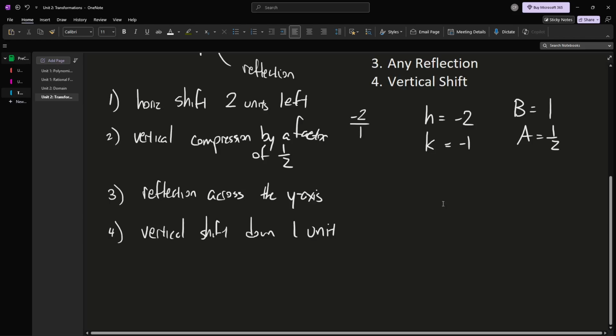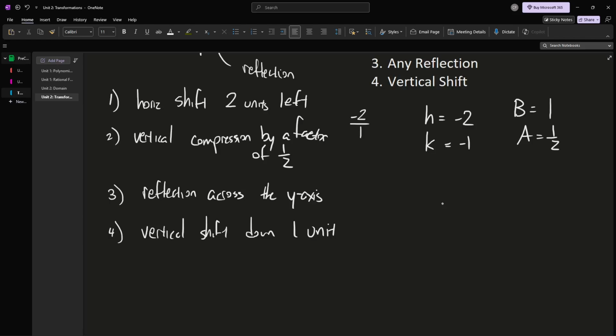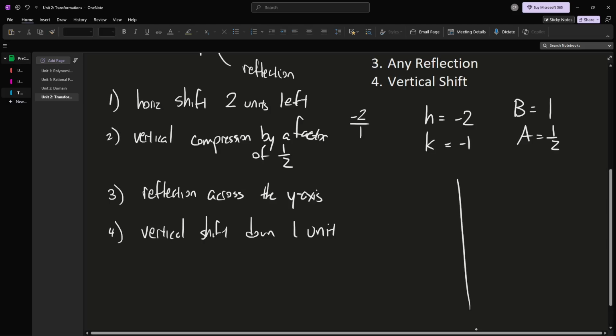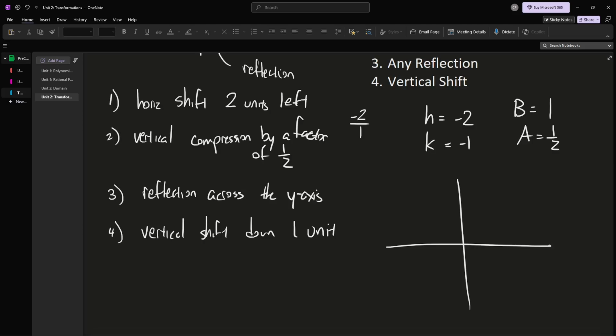But with all these shifts, with all of it written down, we can now draw my axes and label our parent function and apply it one by one. So my parent function in this case is the absolute value of x. And the parent function starts just like this.